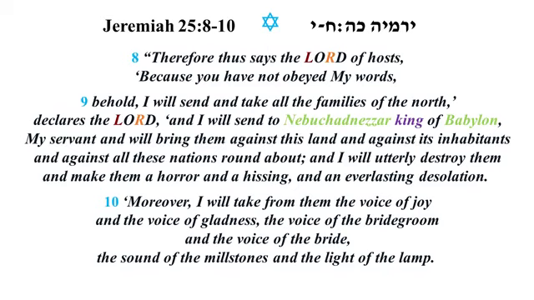Moreover, I will take from them the voice of joy, and the voice of gladness, and the voice of the bridegroom, and the voice of the bride, the sound of the millstones, and the light of the lamp.